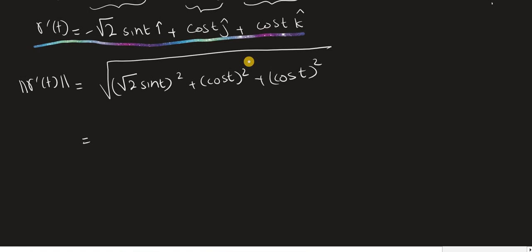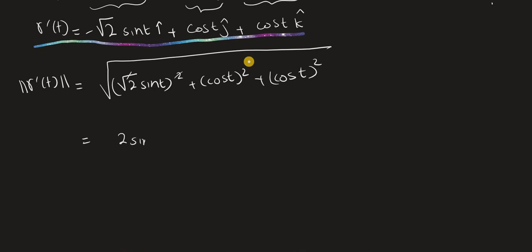The square root and square cancel out, so it's just going to be 2, and then sine squared of t plus cos squared of t, and then cos squared of t. Now we just need to simplify it a little further.